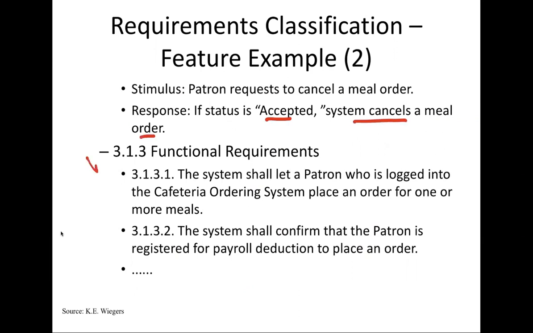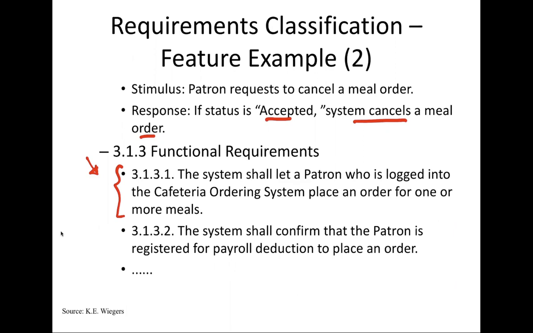And all the way down, after it, you need to list all the functional requirements that will align with such a description, with such properties, as well as accommodate the list of stimuli and responses. You can see one of the requirements that was given: the system shall let the patron who is logged into the cafeteria ordering system place an order for one or more meals. Definitely, this functional requirement should be listed underneath this feature of ordering meals.